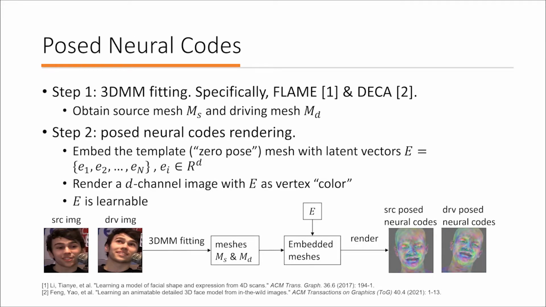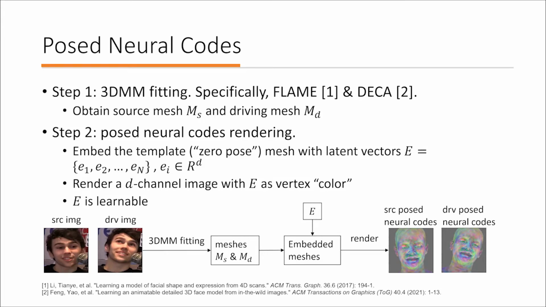The other geometric guidance we use is the pose-neural codes. Similar to geometric displacements, we need to obtain the source and driving meshes from 3D fitting in the beginning. Next, we attach a d-dimensional embedding vector to each vertex of the template mesh.